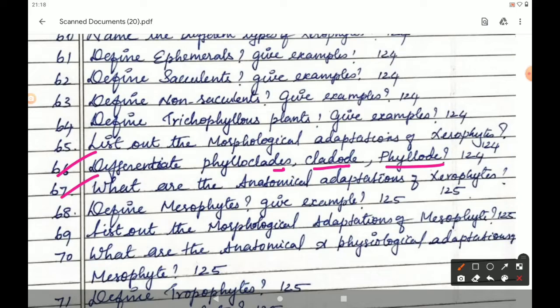Then the 67th question: what are the anatomical adaptations of xerophyte? The answer is given in page number 125. Anatomical adaptations of xerophytes are: presence of multi-layered epidermis with heavy cuticle. Hypodermis is well developed with sclerenchymatous tissue.